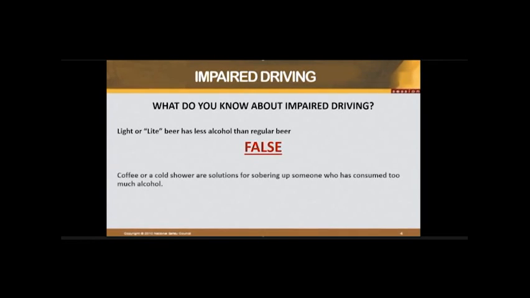Number 8, coffee or cold showers are solutions for sobering up someone who has consumed too much alcohol. True or false? The correct answer is false. Neither coffee nor cold water sobers up anyone who's consumed alcohol. It takes time for your body to process alcohol. Nothing else works.